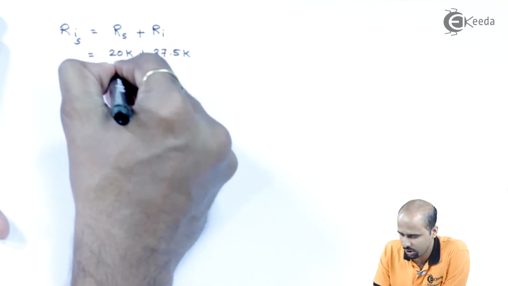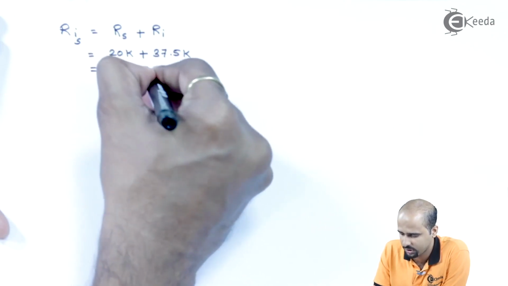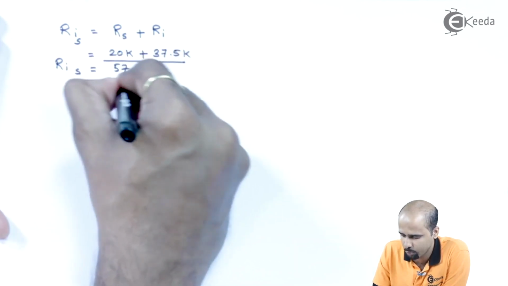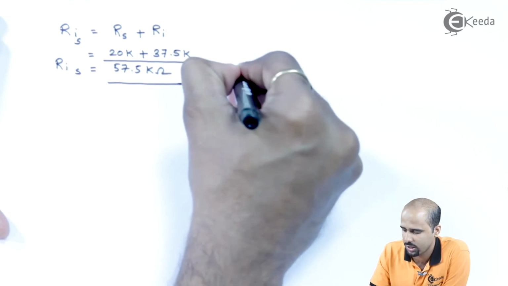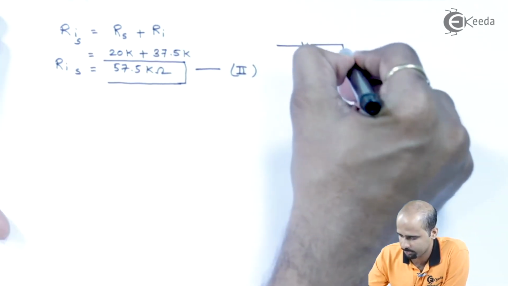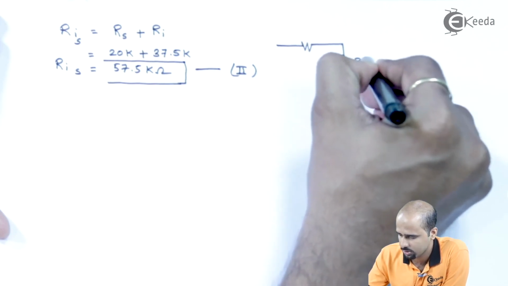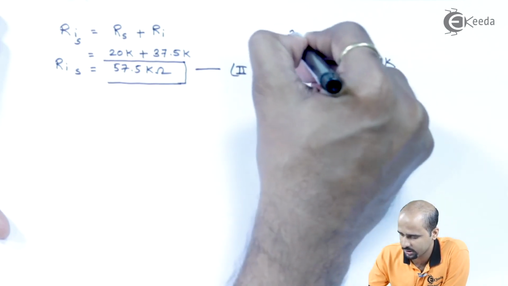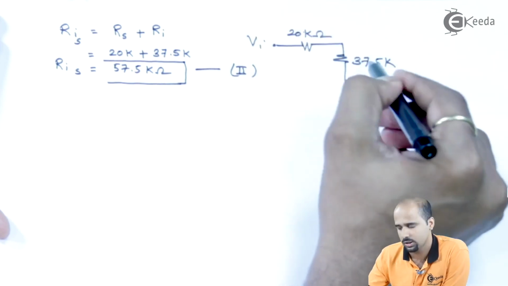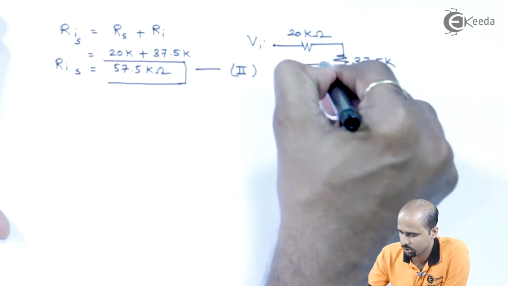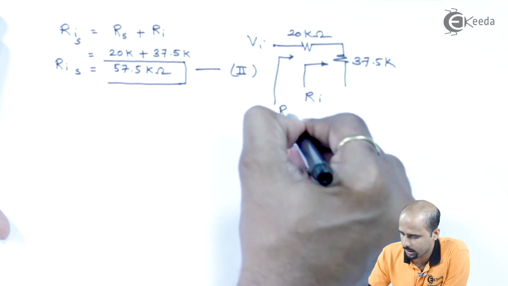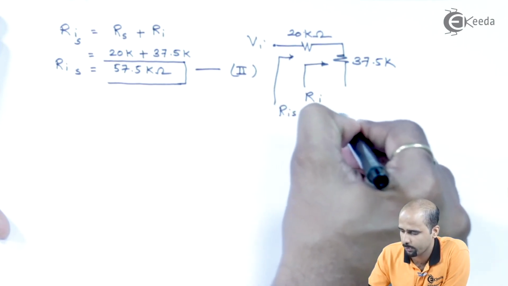So your value of input resistance is 57.5 kilo ohm. That is your second finding. We can draw it in circuit form as well: 37.5k and this is 20 kilo ohm. This is your input, and this is your total resistance Ris, which is nothing but Ri plus Rs.